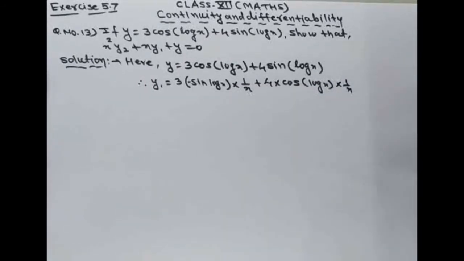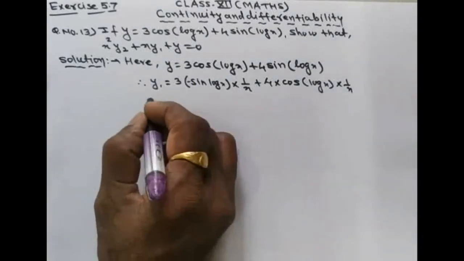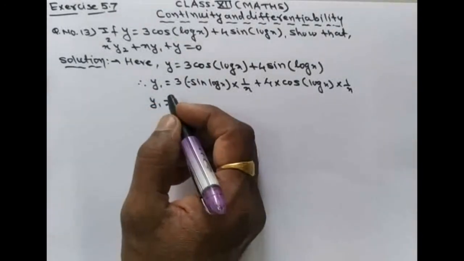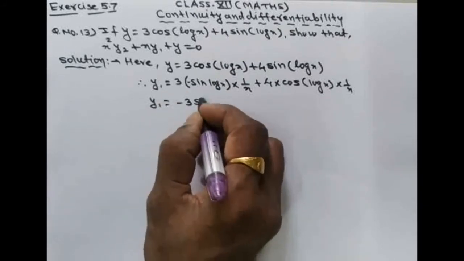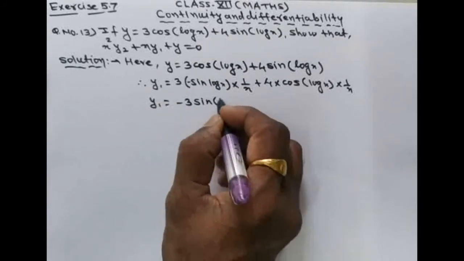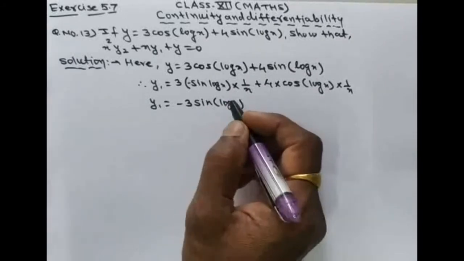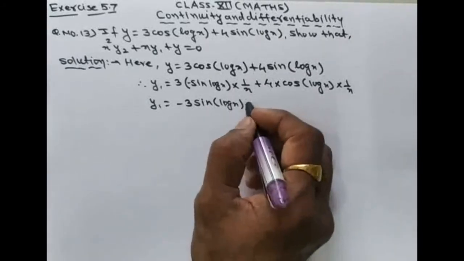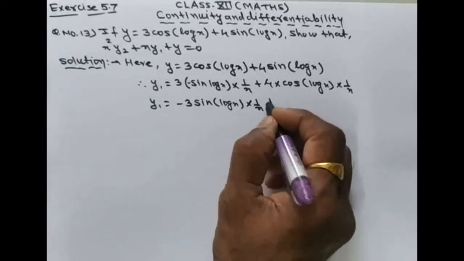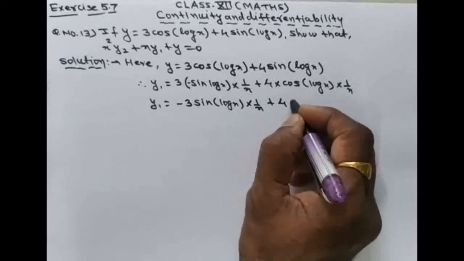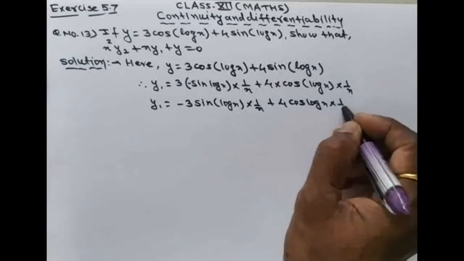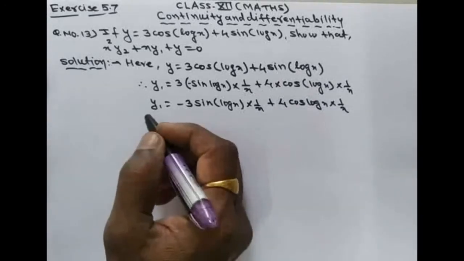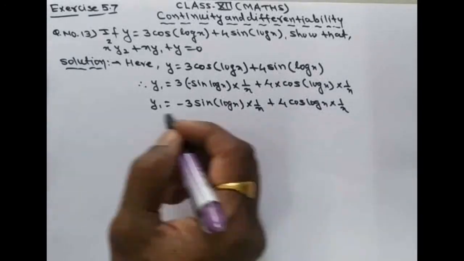Okay, so in this way now y1 equals minus 3 sin log x into 1 upon x plus 4 cos log x into 1 upon x. Therefore, I am taking 1 upon x as common.